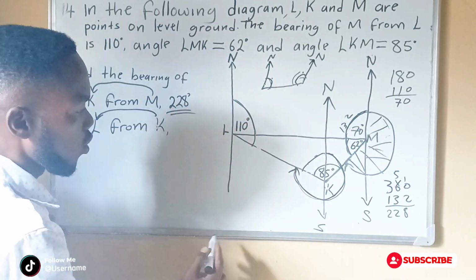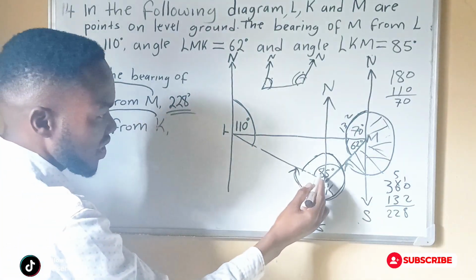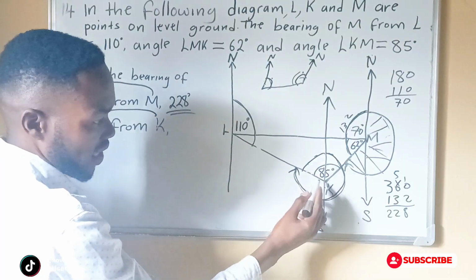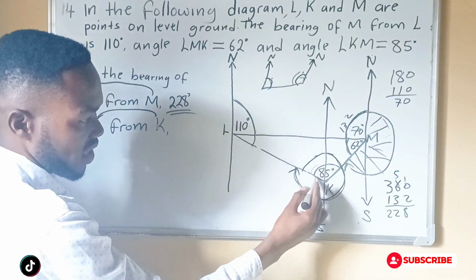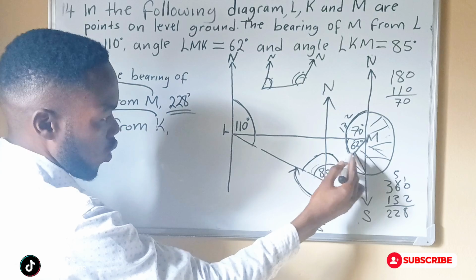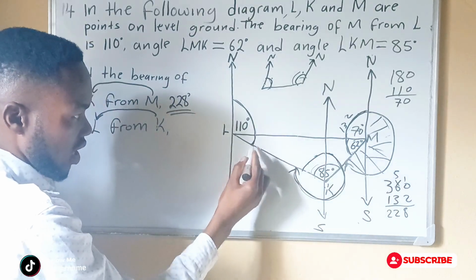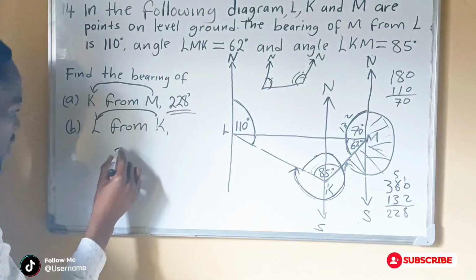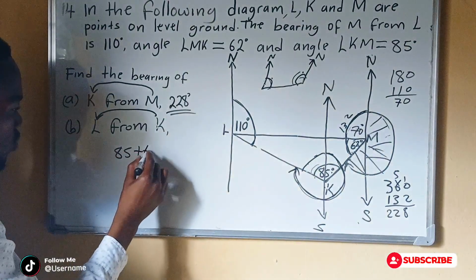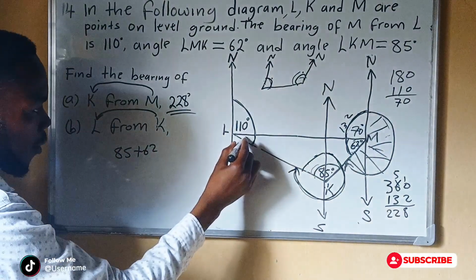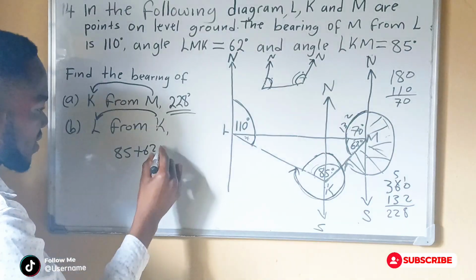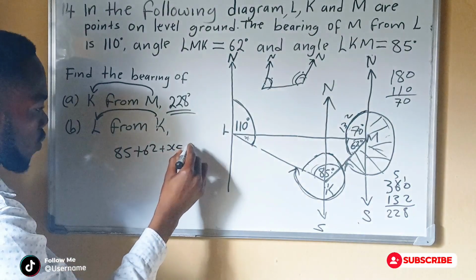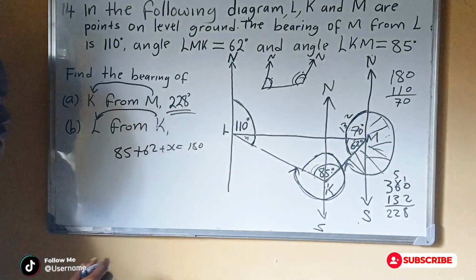We know that inside here there was a triangle. Inside the triangle there was 85 here, there was 62. We want to find the angle which is here. So we say 85 plus 62 plus x is equal to 180, because the triangle adds up to 180.